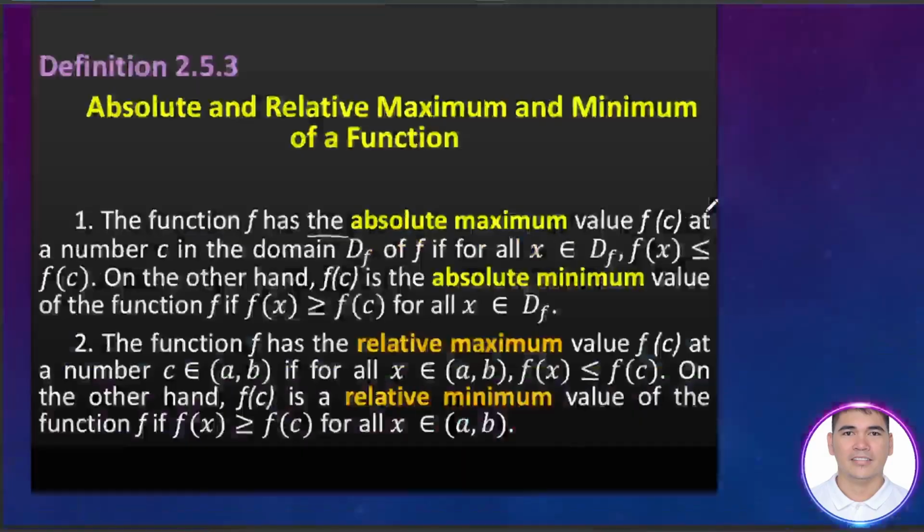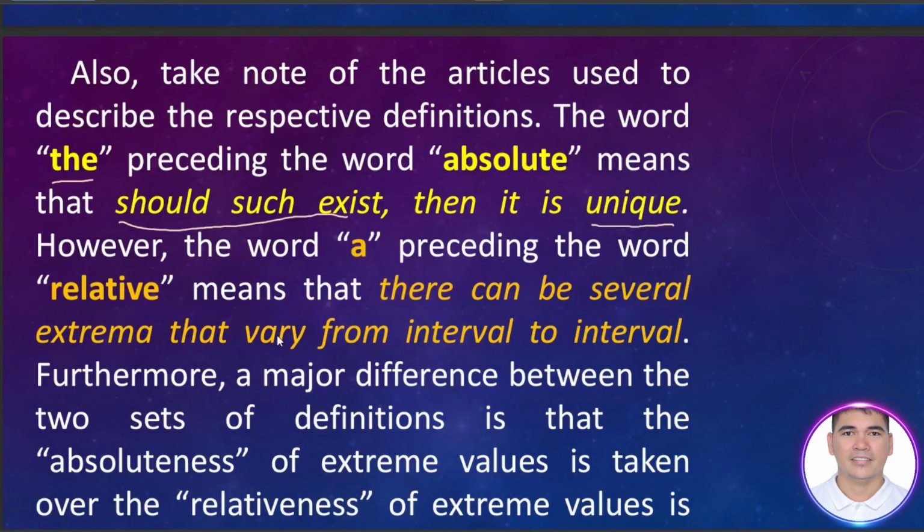However, the word a preceding the word relative means there can be several extrema that vary from interval to interval. So in the difference between absolute and relative, for absolute there is a unique one. That's only one.